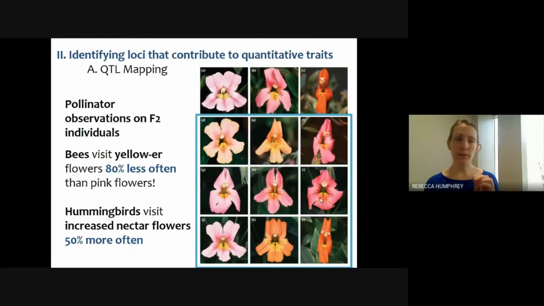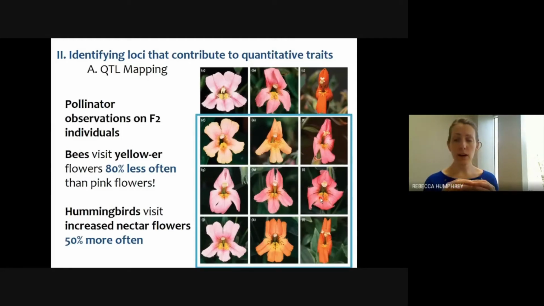And here's a little summary of some of the results that they found. So one thing that they found was that bees visit flowers that are more yellow less often than they visit pink flowers. So bees seem to be really keying in on the color and specifically preferring pink flowers.